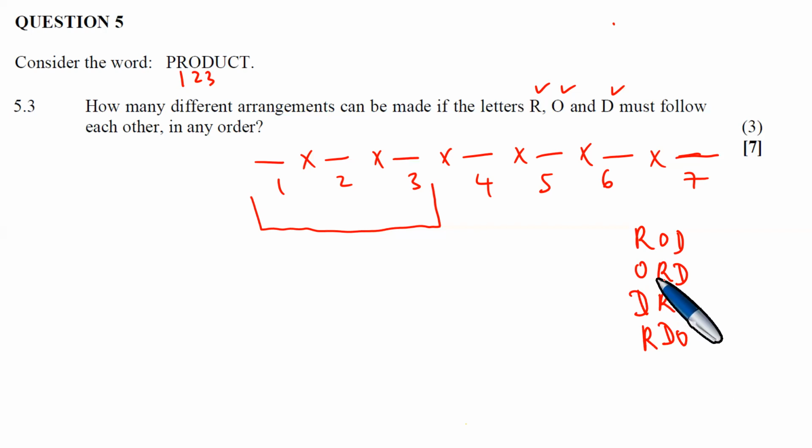If you start with O, you can have RD, but you can also have DR. So the order is different. You're arranging them. So here, D is second place, here, D is third place.